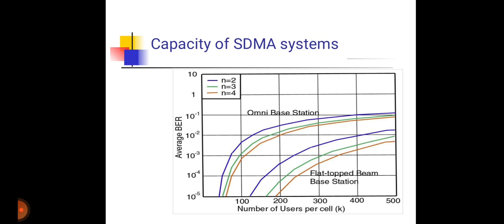This is the diagram of the SDMA system showing average bit error rate versus number of users per cell, for N equals 2, N equals 3, N equals 4. The lines are shown from 10 raised to minus 5 to 10, with users ranging from 100 to 500.